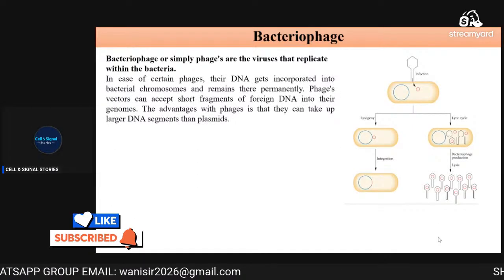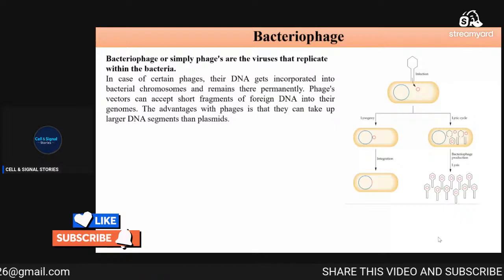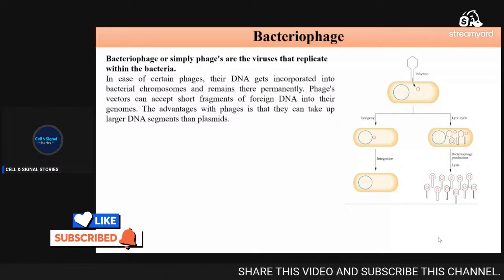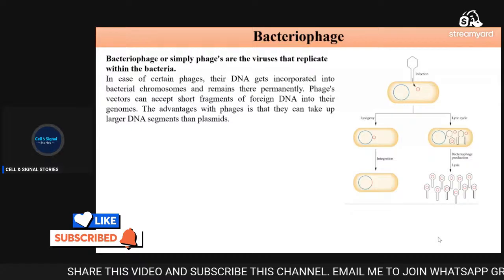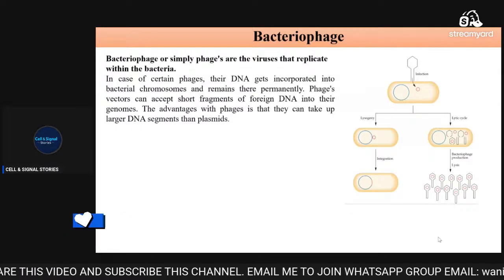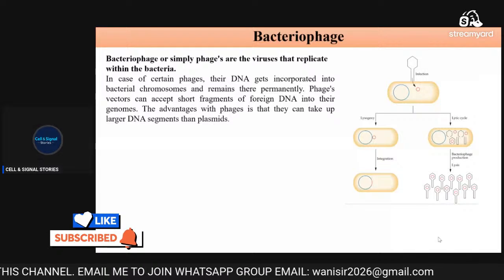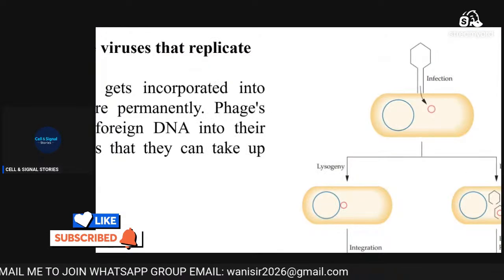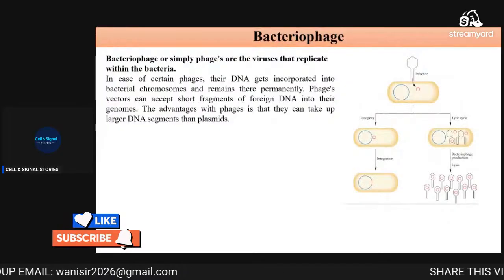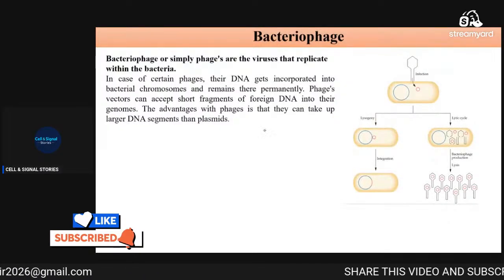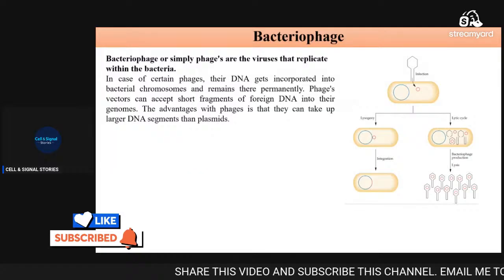Some phages incorporate their DNA into the bacterial chromosome and remain there permanently. And a phage vector can accept shortened fragments of foreign DNA in its genome. This is the bacteriophage.